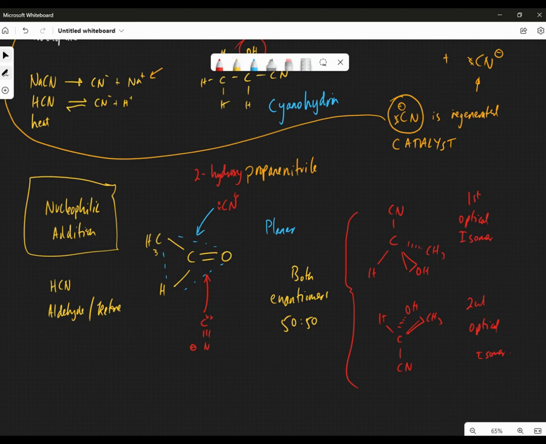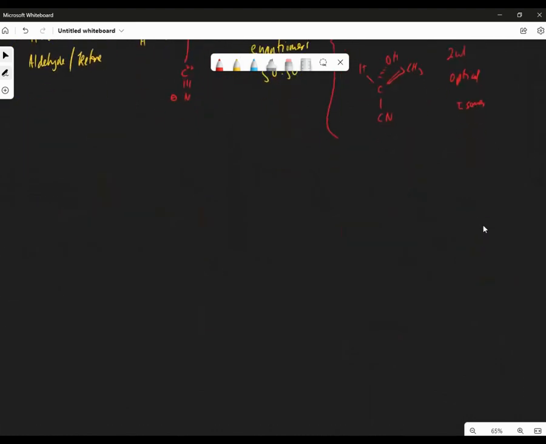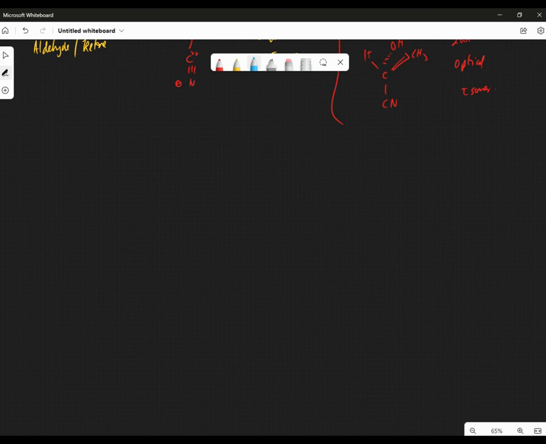Now, very quickly, just to finish the video off, I'll do exactly the same thing, but this time, instead of the HCN attacking an aldehyde, I'll show it attacking a ketone. So the only difference is there's a methyl on the bottom there. All right, so let's do this. The CN with its lone pair, you've got to remember that, and its negative charge attacks this carbon.